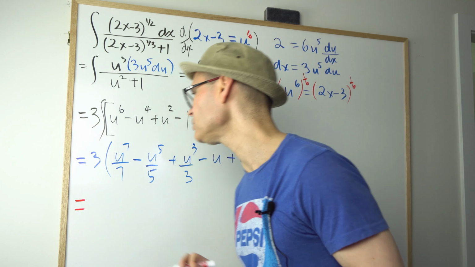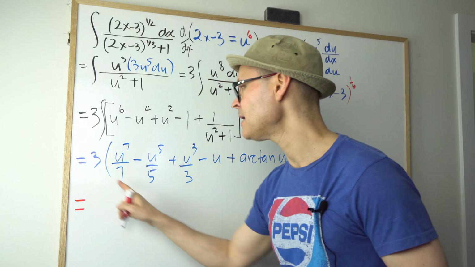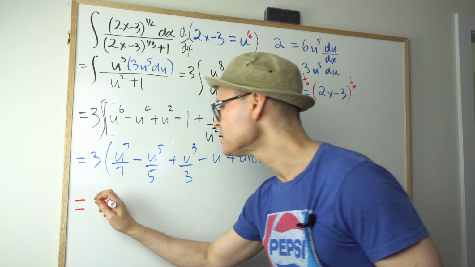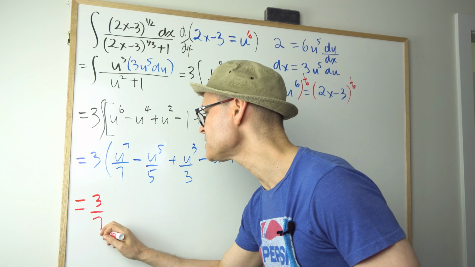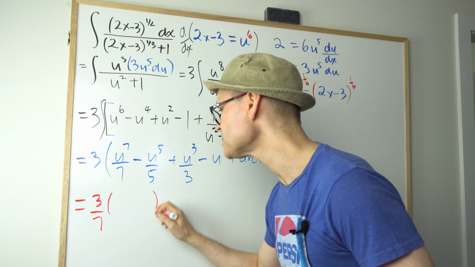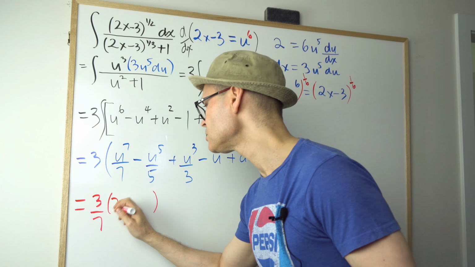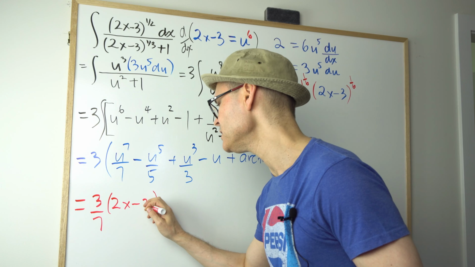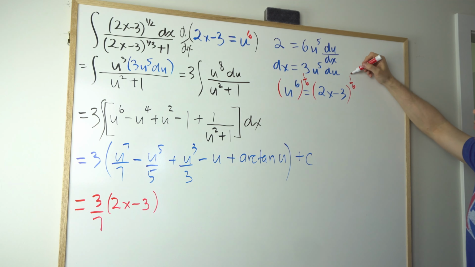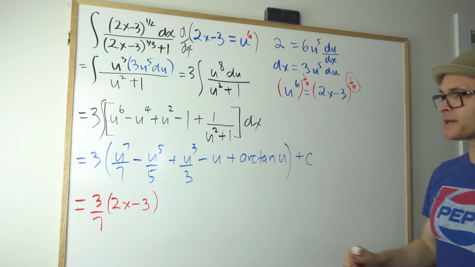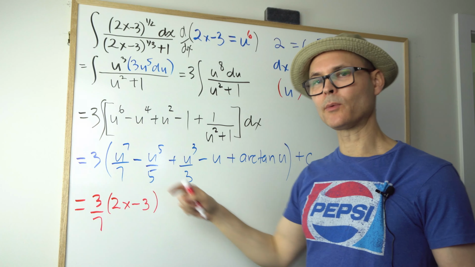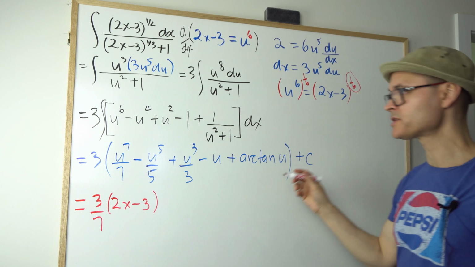So that's equal to 3. I'm just going to bring the 3 through as well. So that's going to be 3 over 7 times u. Well, u is this, 2x minus 3 with an exponent of 1 over 6. But there's a 7 there already. So 7 times 1 over 6 is 7 over 6.